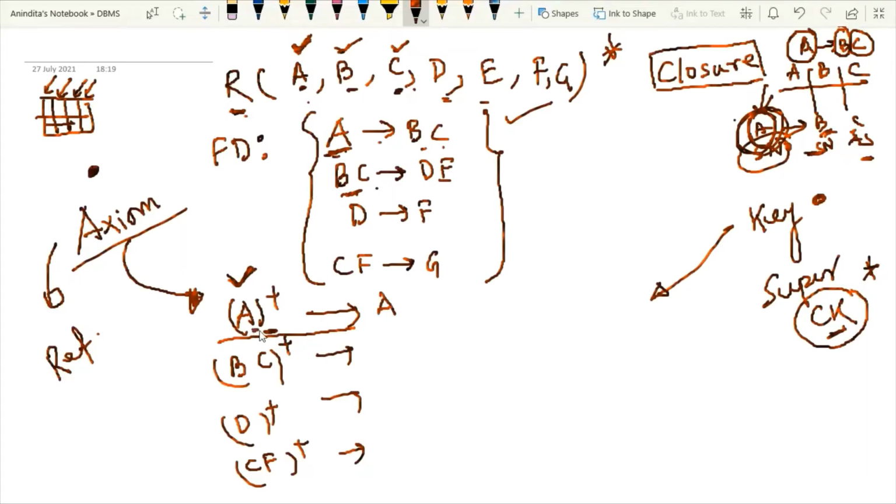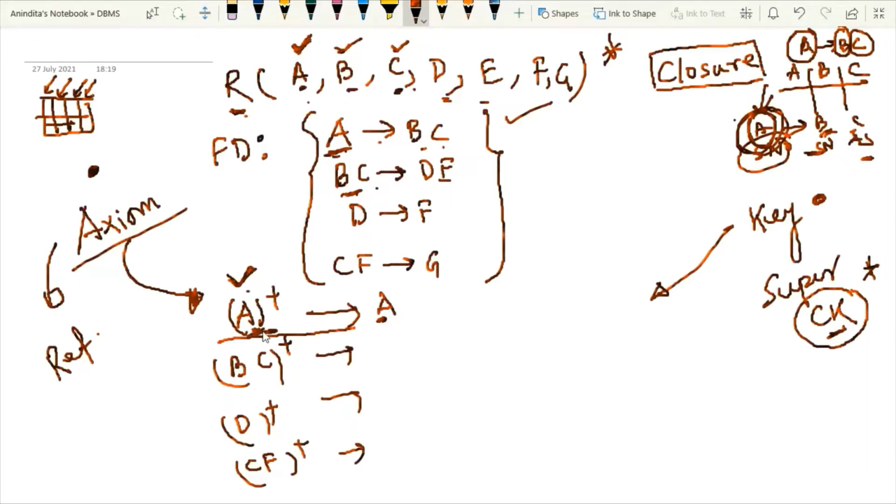If I know the value of A, then I can easily find the value of A. If I know the name of the student, then the name of the student is known to me. It is a very trivial thing, so it is also known as trivial dependency. If I ask you your name and you tell me that your name is XYZ, then I will say, okay, you are XYZ. This is known as reflexivity.